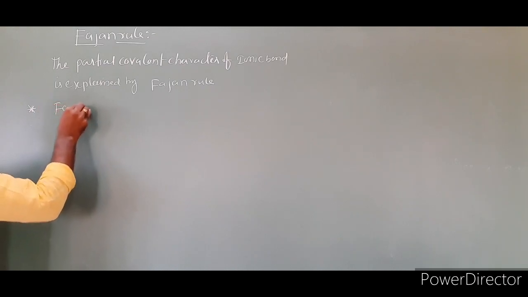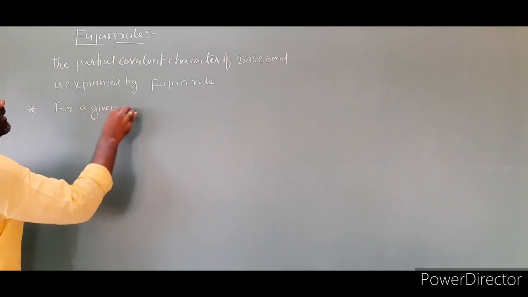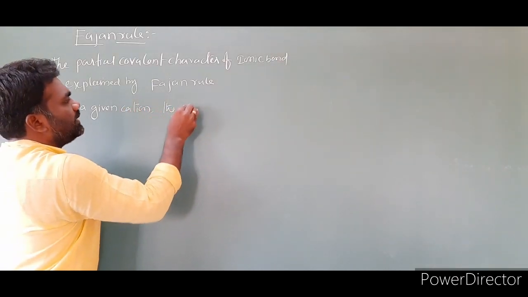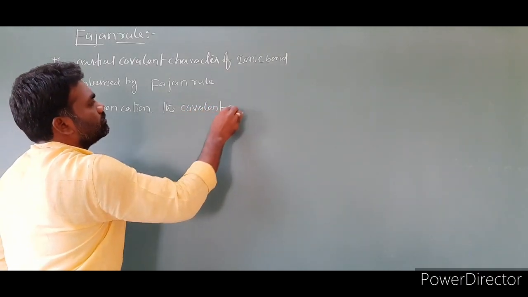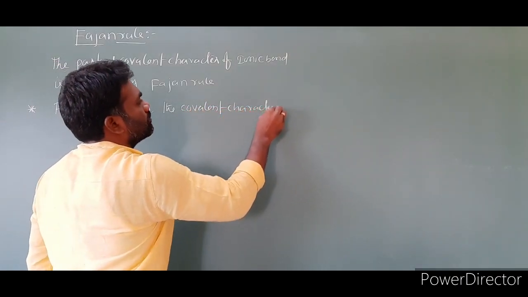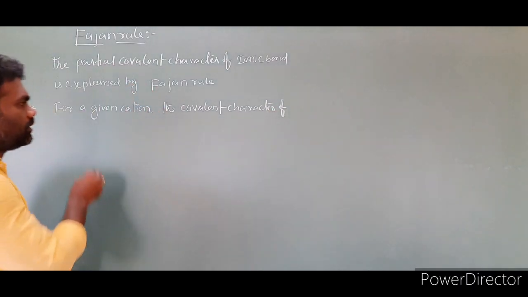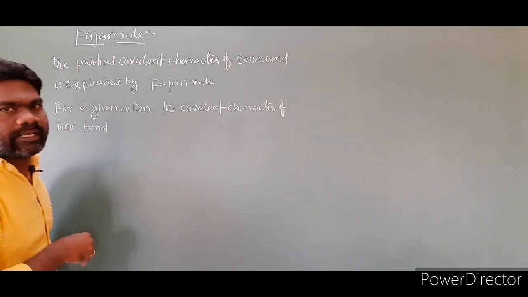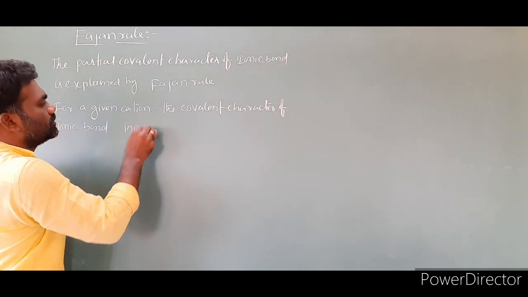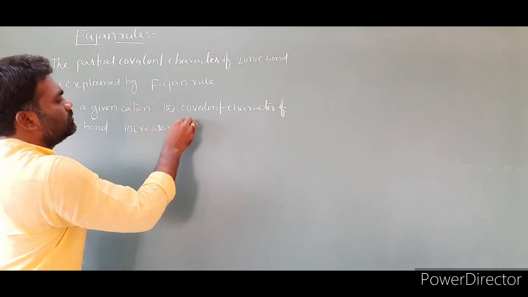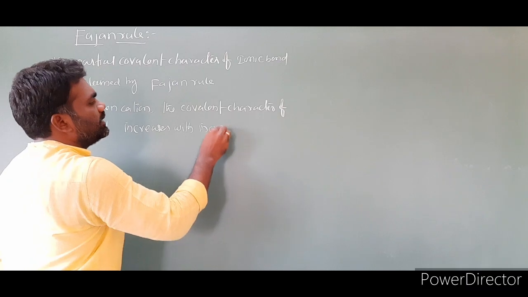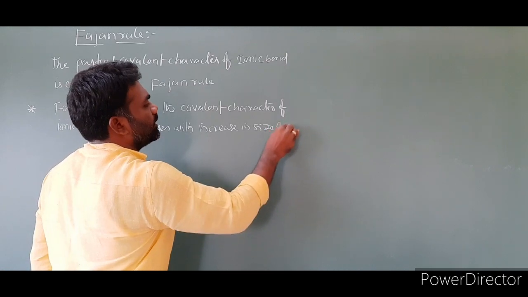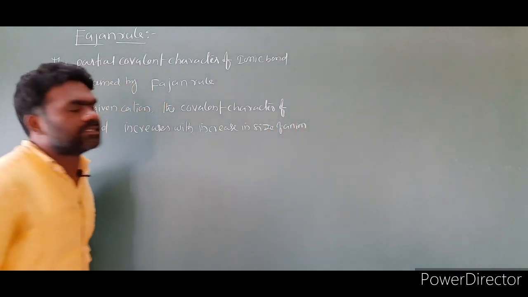For a given cation, the covalent character of ionic bond increases with increase in size of anion.